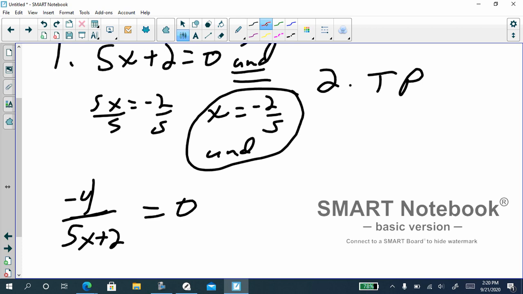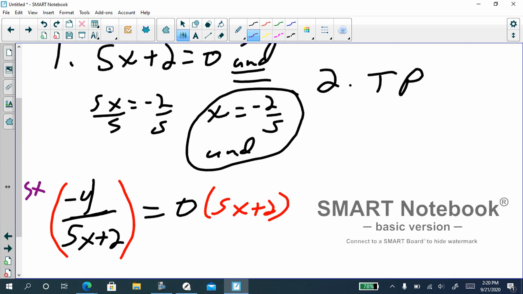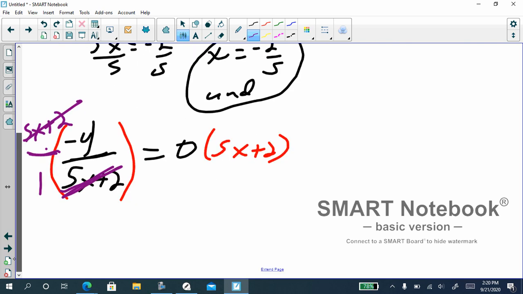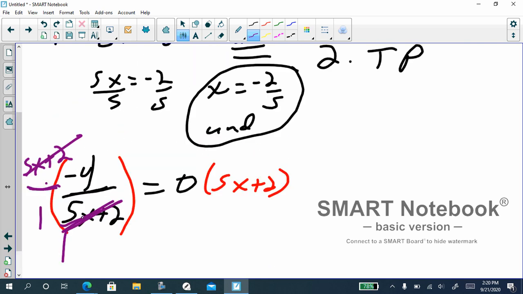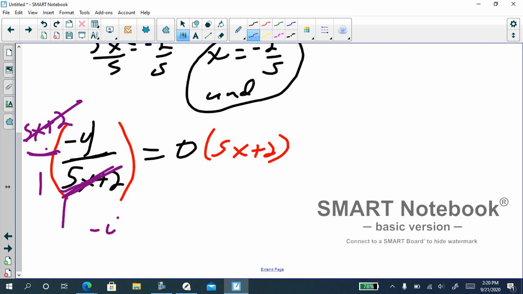If we have a fraction and we want to clear the fraction, the opposite of dividing is to multiply. So multiply both sides by 5x plus 2. If we have a 5x plus 2 on the top and a 5x plus 2 on the bottom, those cancel, so we get negative 4 over 1. On the other side, 0 times anything is 0.